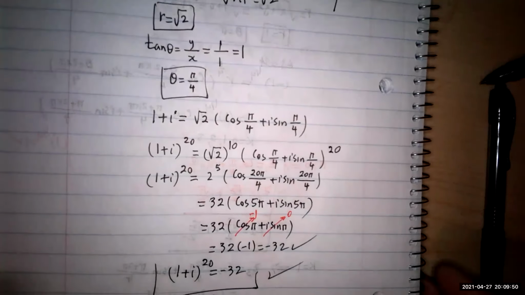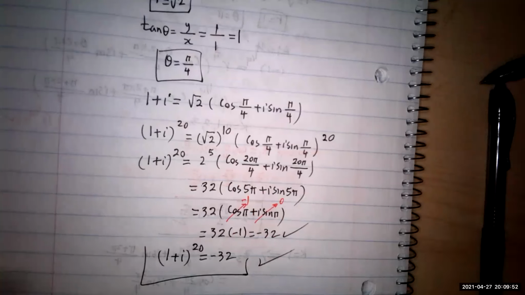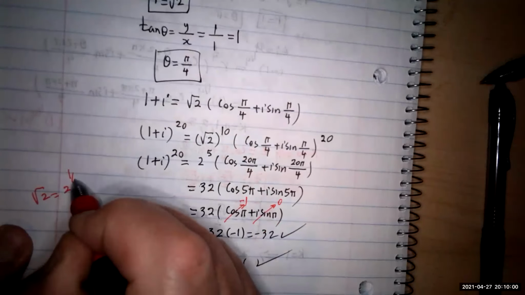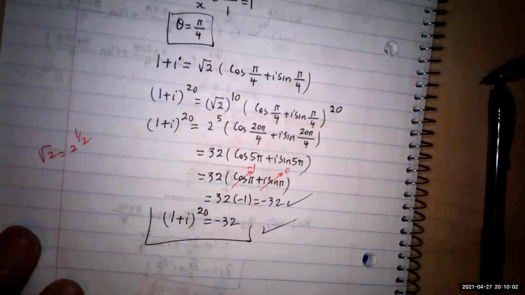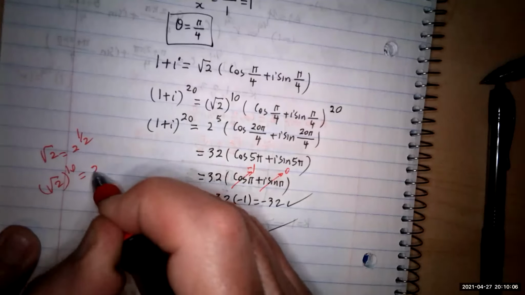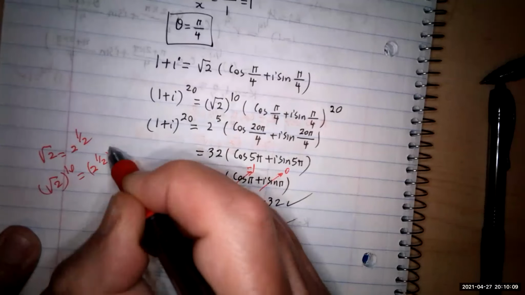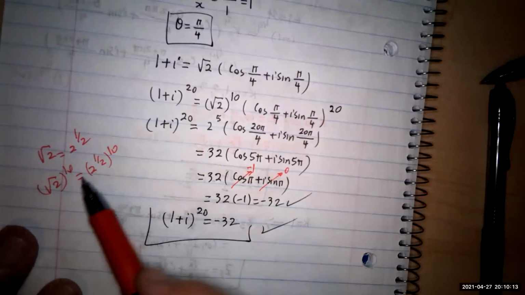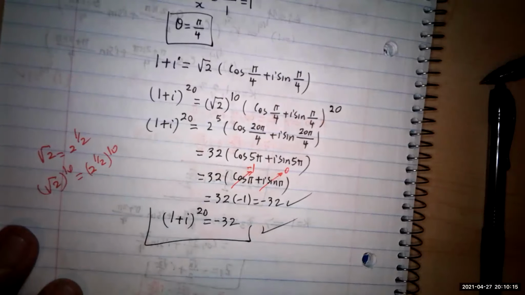Professor, I have a question. Yes. How come the radical 2 was raised to 10, not 20? You see, radical 2 is like 2 to the half. Oh, okay. Then you raise both sides to the 10. It's going to be 2 to the half, then to the 10. When you get a multiple exponent, you multiply them together.